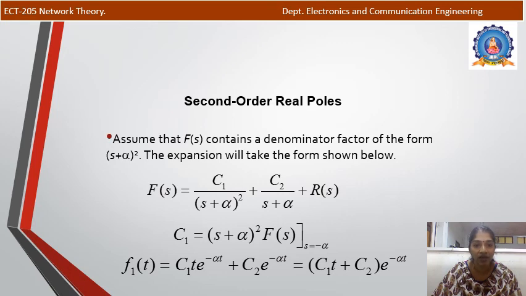Here it is (s plus alpha) all square. So in that case we will factorize it using this method. That is, first we take the constant divided by the double degree plus the second constant divided by the single degree. Okay, so it will be the general expression. I think you will be clearer when we do the problems.